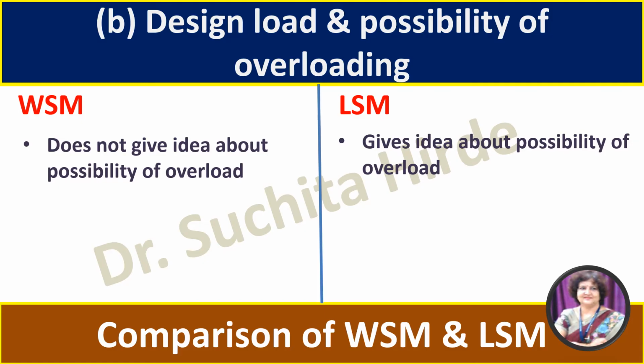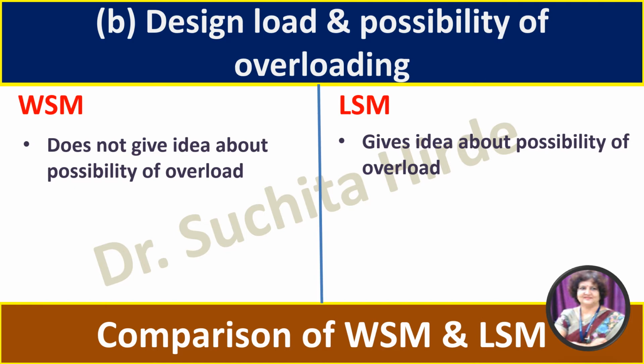That means 50% excess load the structure can carry beyond the working load without collapse. It can take 50% excess load because we are multiplying the working load by 1.5, that is partial safety factor for load, to get the ultimate load.